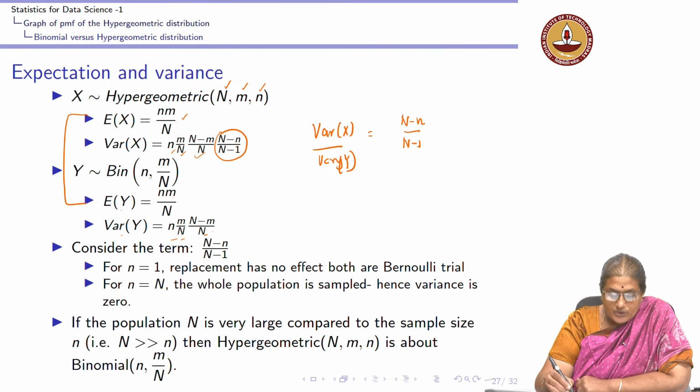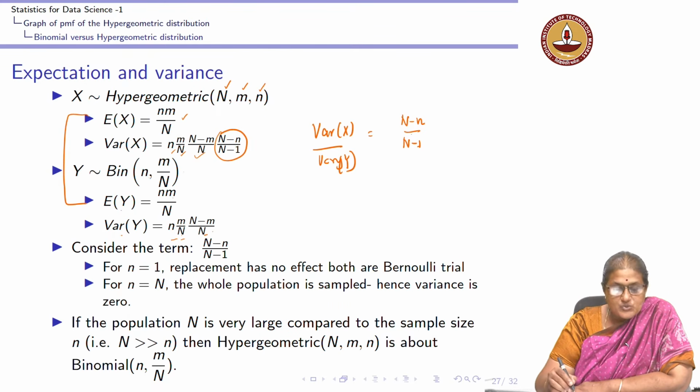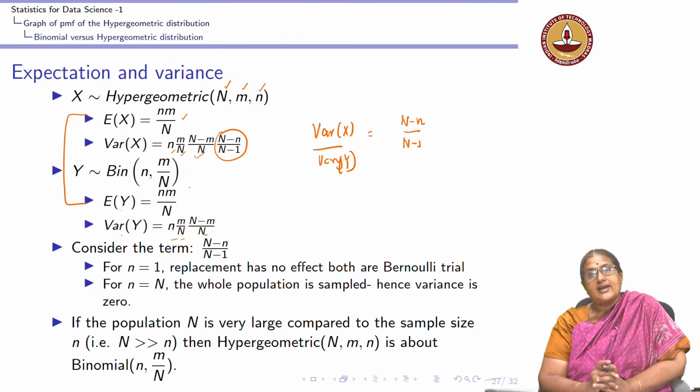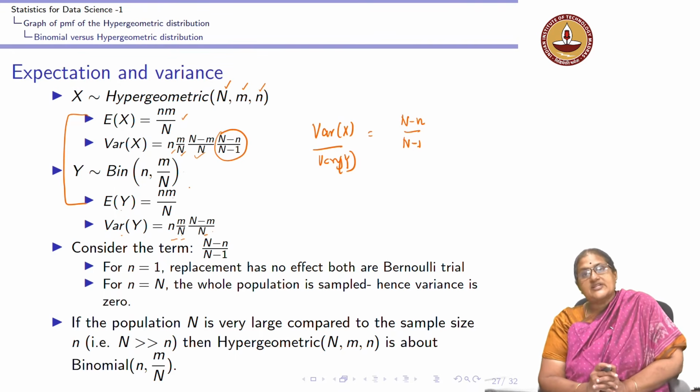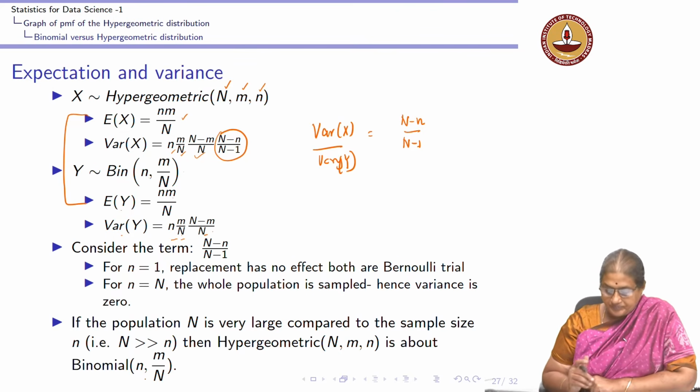So, for n equal to 1, it is just a Bernoulli trial, and for n equal to N, the variance of X is equal to 0. And we also saw that if N is very, very large as compared to n, then this term vanishes and the hypergeometric N, m, n is about the same as a binomial n, m by N.